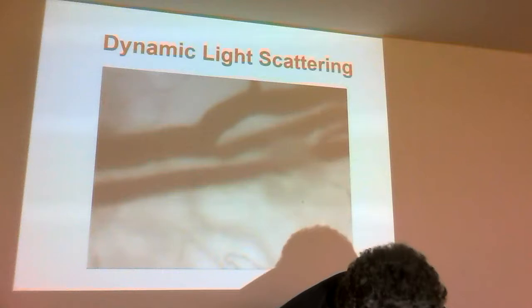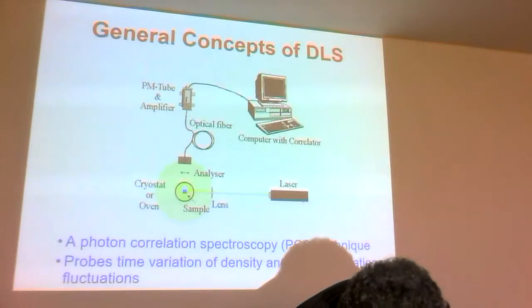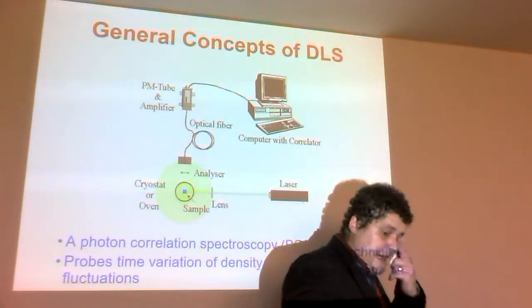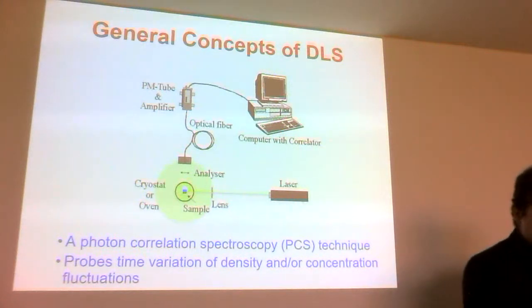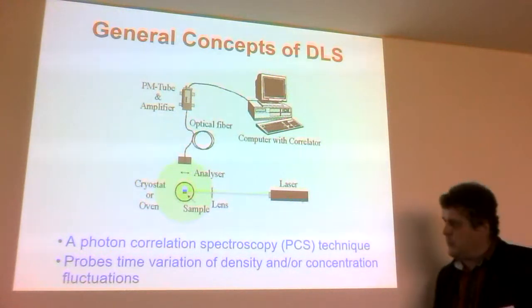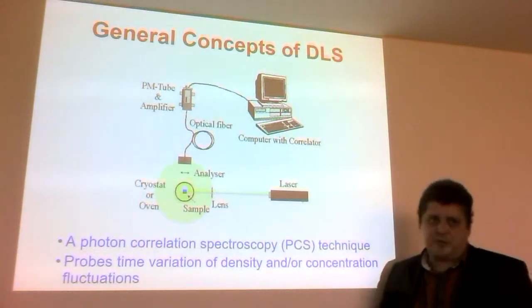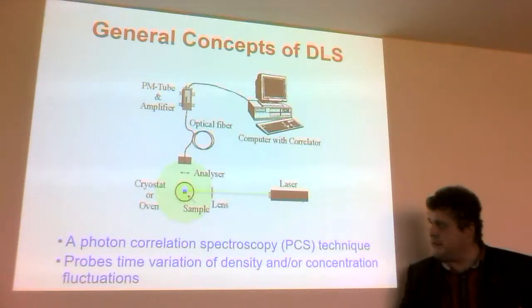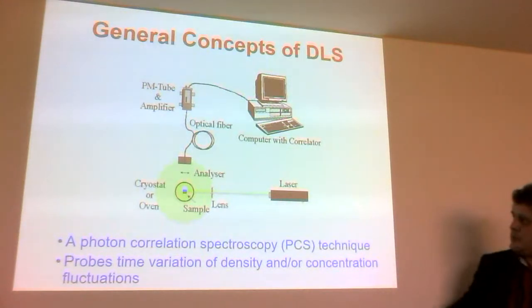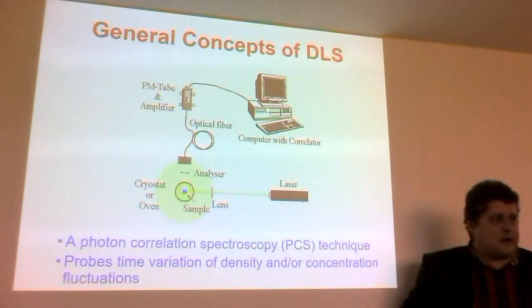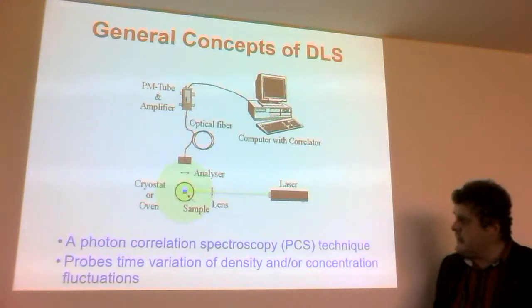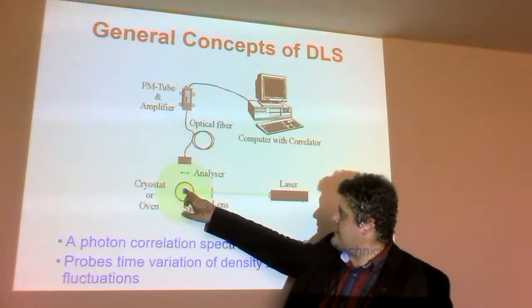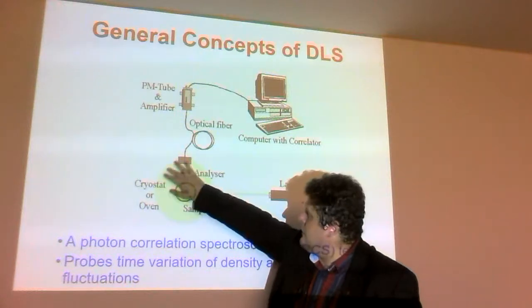That's how we came to the development and use of the so-called dynamic light scattering technique, which is based on photon correlation spectroscopy, known for a number of years and originally used for measurements of the size of particles. How it basically works: we have a laser with high coherence, and we illuminate the sample of interest, and then detect light on any side.